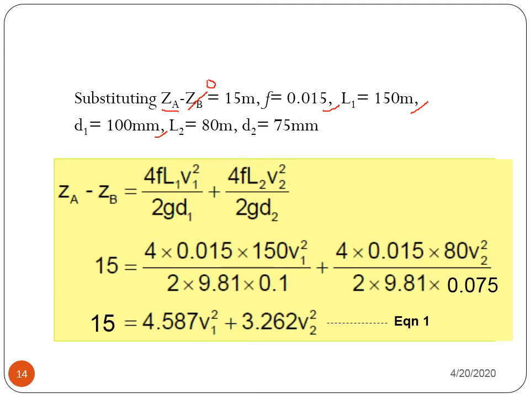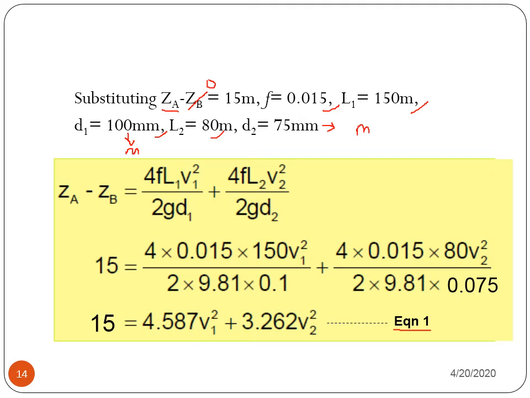Make sure you convert from 100 mm to meter. And length 2 is given 80 meter, D2 75 mm, convert first into meter. So we simplify the equation until you get this first equation.